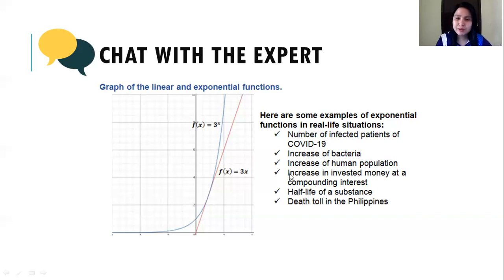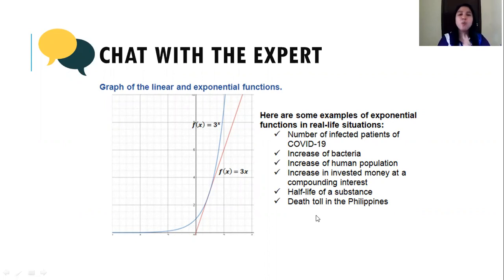Another, when you invest your money and it's in compounding interest. Now, the opposite is simple interest. Another, the half-life of a substance. Like you still have this amount of sodium this time, but after a few days, it will constantly decrease exponentially. And another, the death toll or the death rates in the Philippines, it's still exponential in nature.